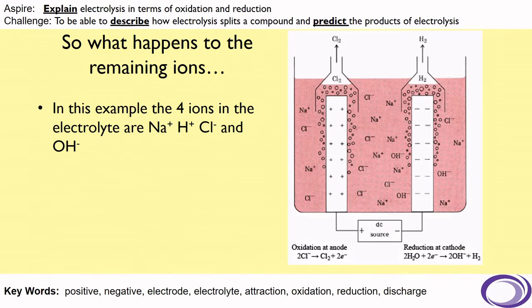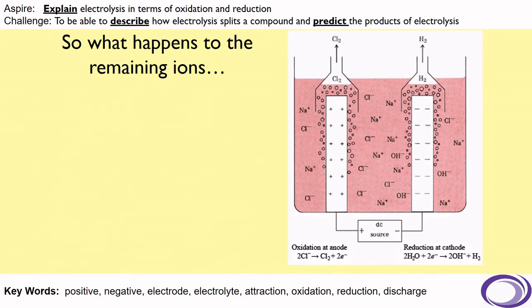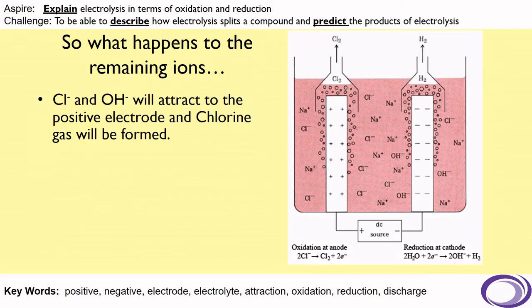Now, in this example, sodium and hydrogen will both attract to the negative electrode. Due to sodium being more reactive, hydrogen gas will form. That leaves sodium behind in the solution. Chloride and hydroxide will attract to the positive electrode, and chlorine gas will be formed, which leaves hydroxide ions behind.